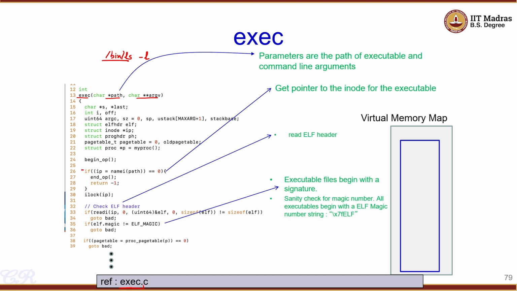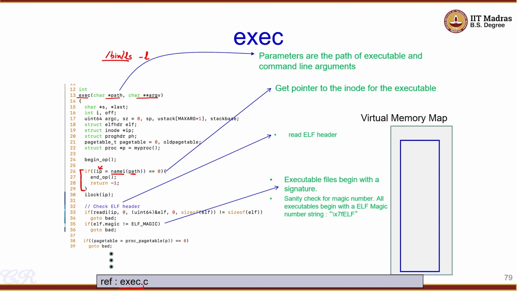Now the next part is where we get a pointer to the executable file, stored in the hard disk. To be more precise, this function called namei converts this path, /bin/ls, to a particular inode.